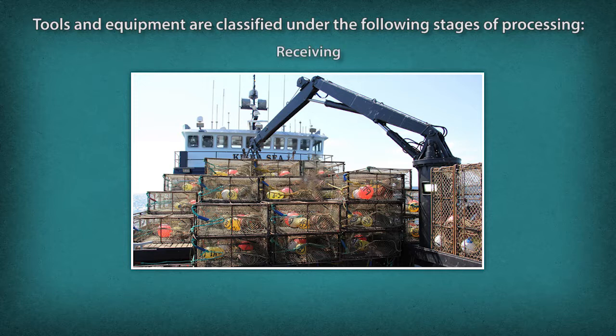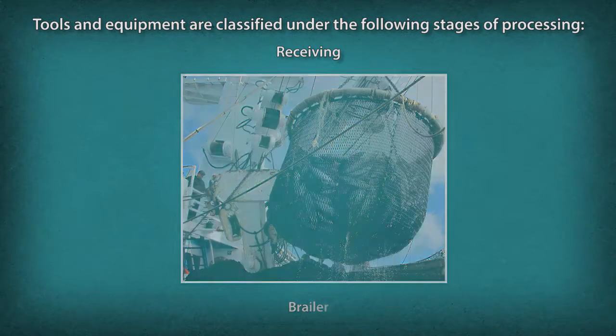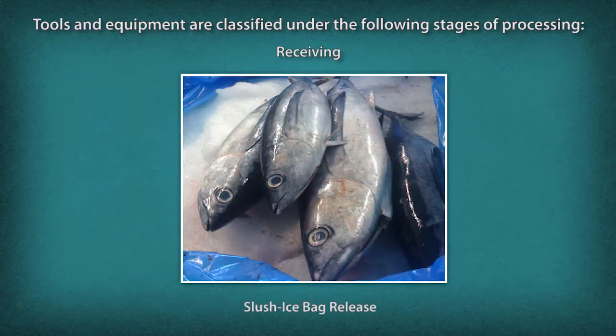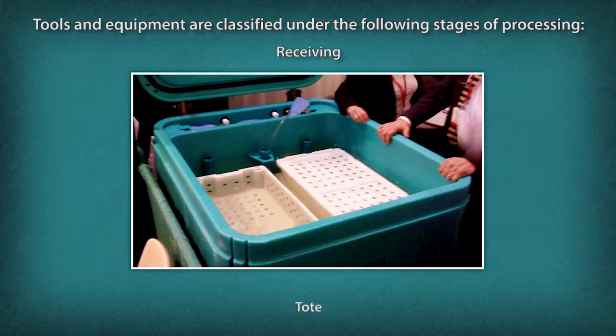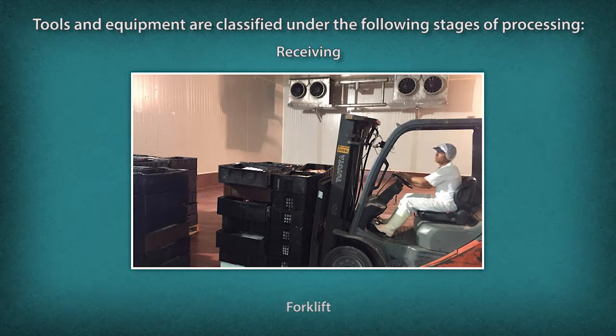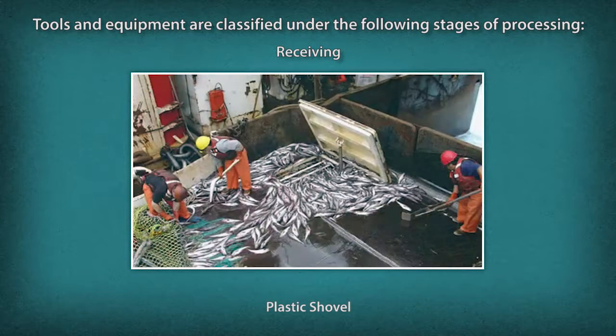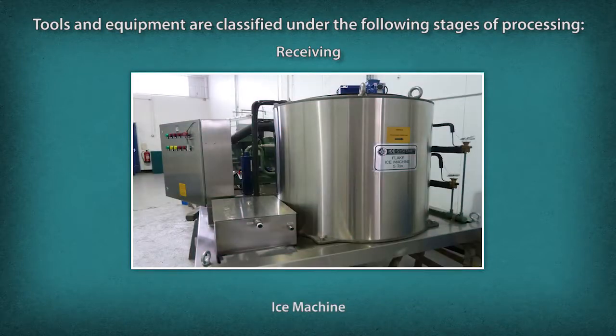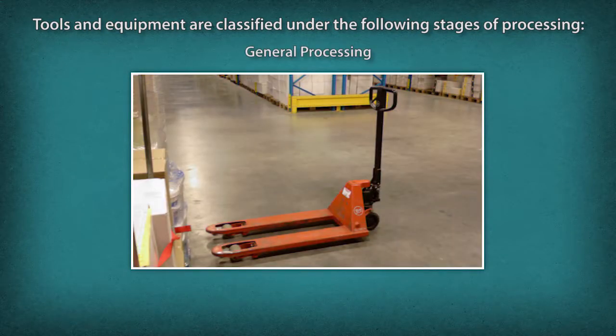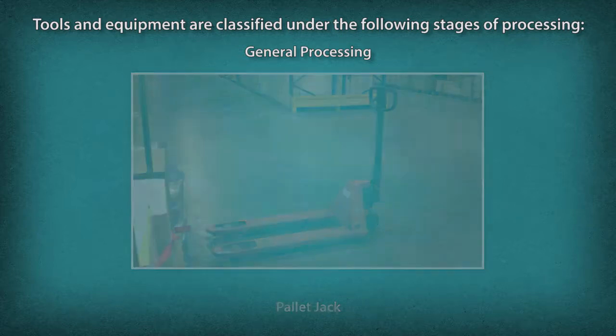At the receiving stage, the following equipment is used: crane, brailer, scale, slush ice bag, tote, insulated 1500 lb, forklift, tote keeper for forklift, dumping, plastic shovel, ice machine.